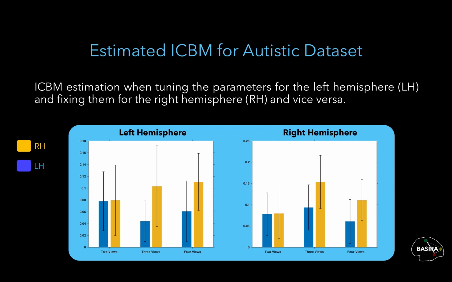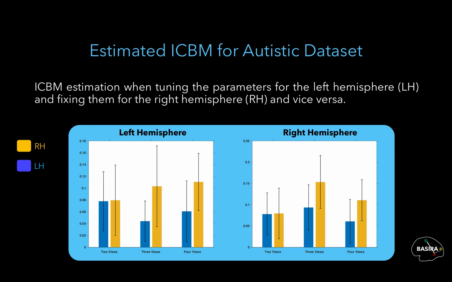So here we report ICBM estimation when tuning the parameters for the left hemisphere and then fixing them for the right hemisphere and vice versa. So for example, in the left figure, we estimate ICBM for both hemispheres while fixing the model parameters using the left hemisphere. In the right figure, we estimate ICBM for both hemispheres while fixing the model parameters using the right hemisphere.